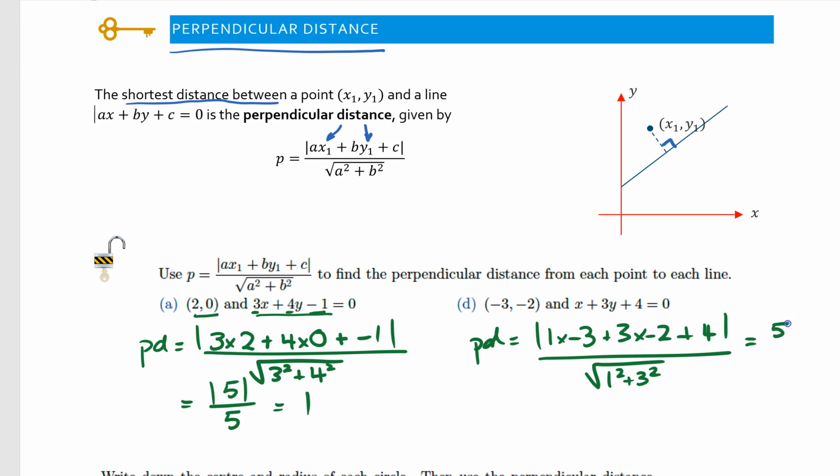So here we have 3 minus 5, so that's minus 2, minus another 8 is minus 10. Absolute value of minus 10 will of course be 10. That's over square root of 10, so that's 10 on root 10, which comes down to root 10.